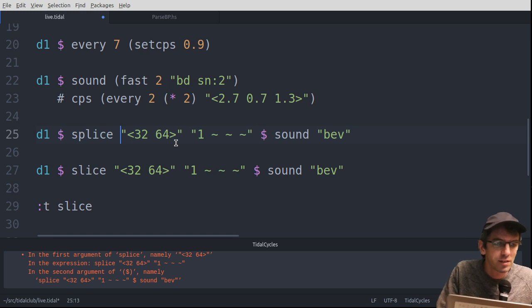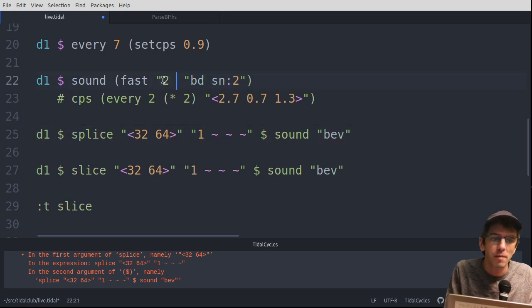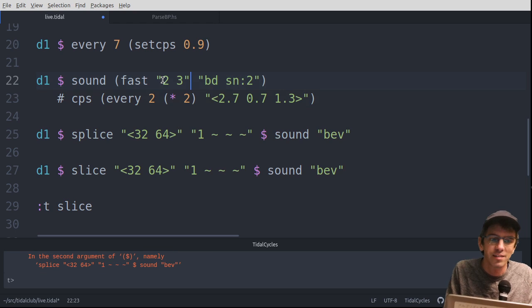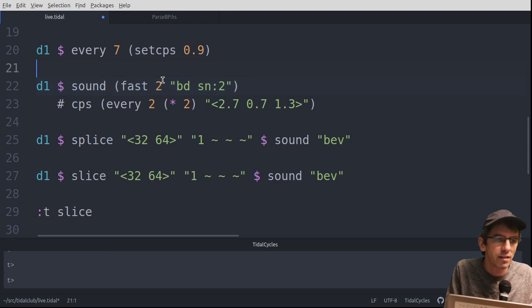And there's still some bits where I haven't got around to making inputs patternable. Like you never used to be able to make fast pattern like this. You always have to do this, and then there'd be some nasty functions.